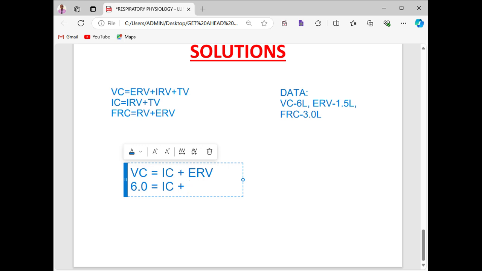We have ERV, which we've been given as 1.5. So IC, with your basic mathematics knowledge, is 6.0 minus 1.5, of which when you press on your calculator, IC will be 4.5 liters.